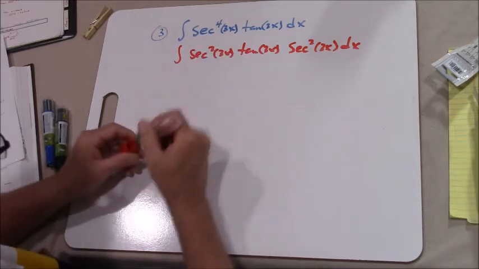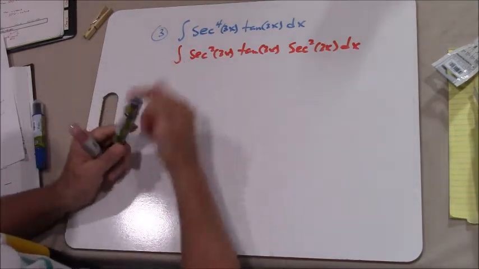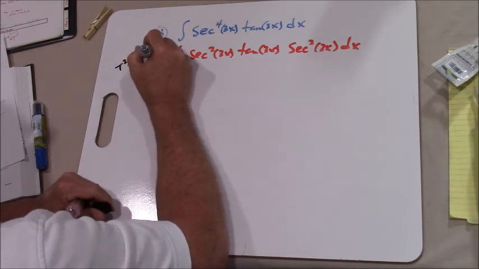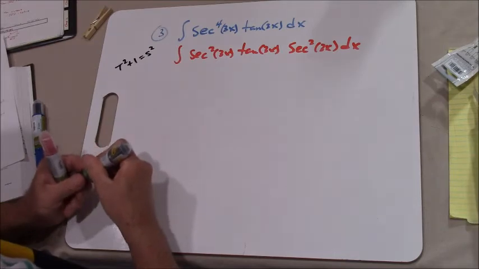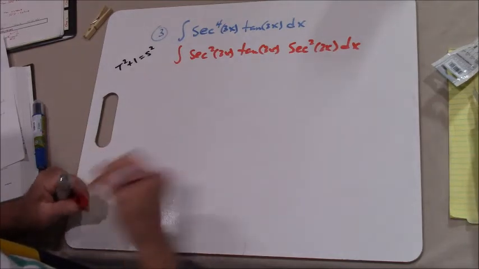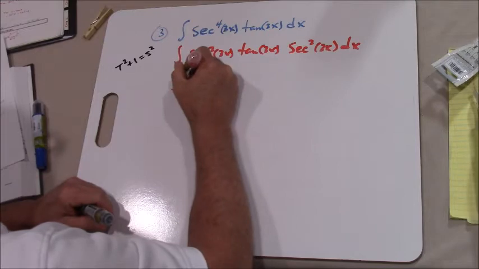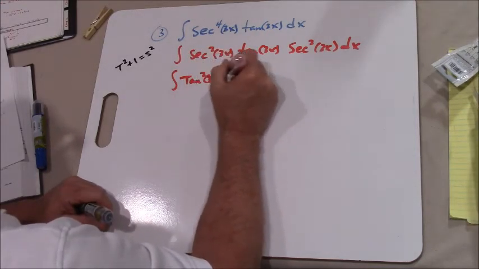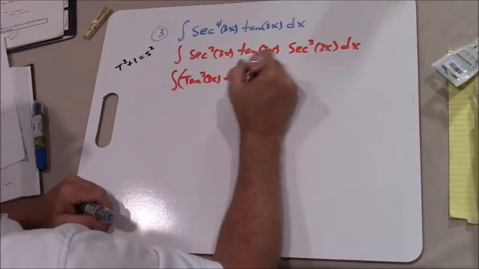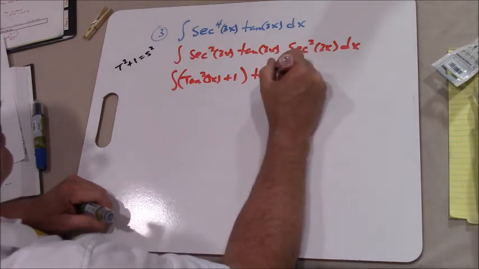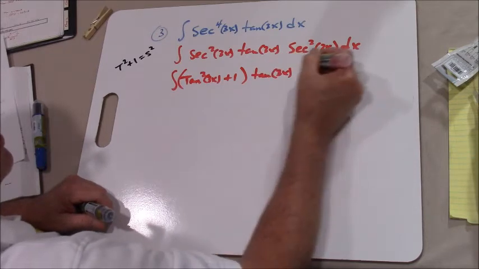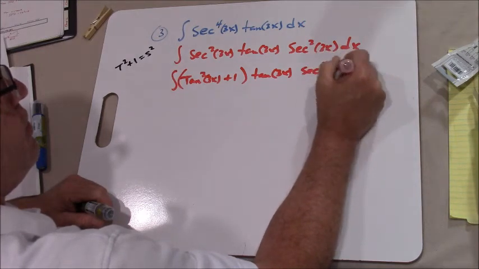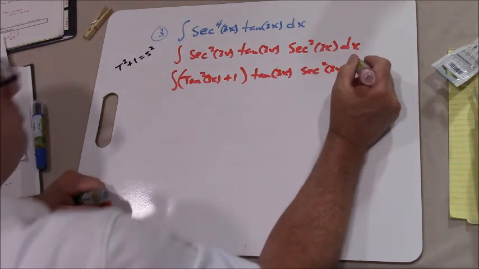Alright, so now I need to change this over to tangents. I know that a tangent squared plus 1 is equal to a secant squared. So what I have now is the integral of a tangent squared of 3x plus 1 times a tangent of 3x and then a secant squared of 3x dx.